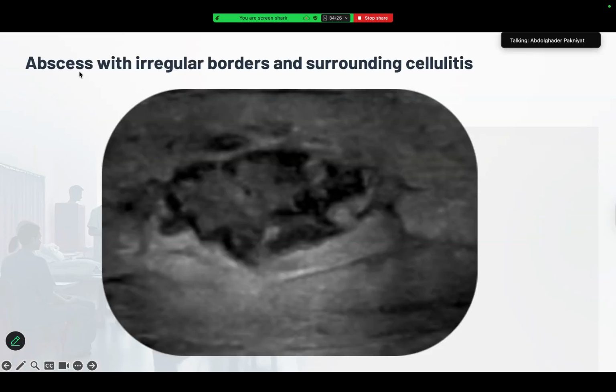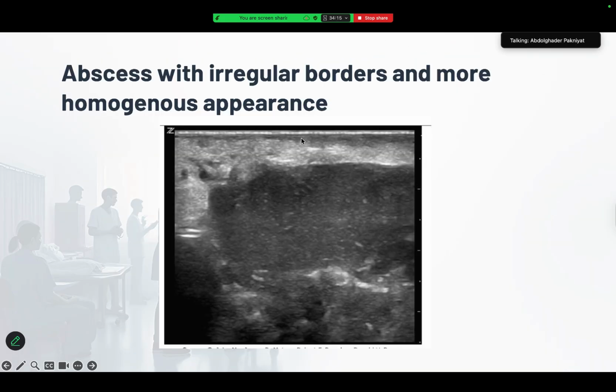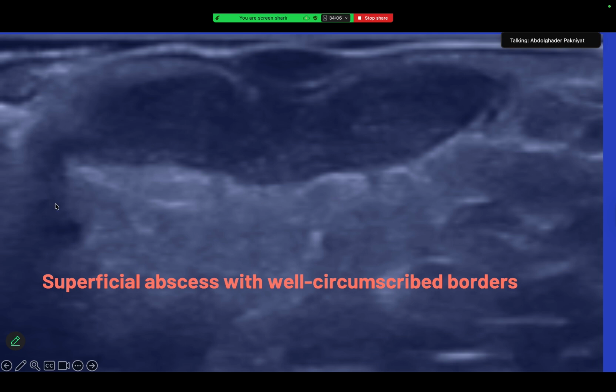Another abscess you can see here with irregular border, and there is a very mild effusion here, looking like cellulitis. So an abscess may have cellulitis at the same time. Another abscess with irregular border and more homogeneous appearance. And here it is a very superficial abscess, immediately under the dermis.